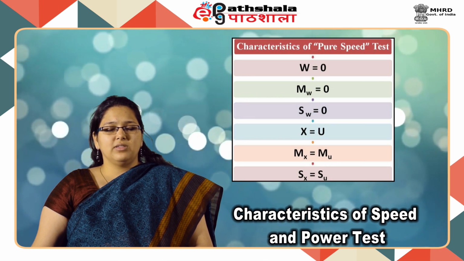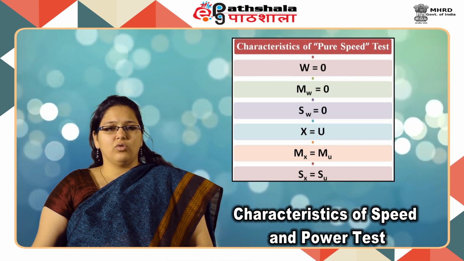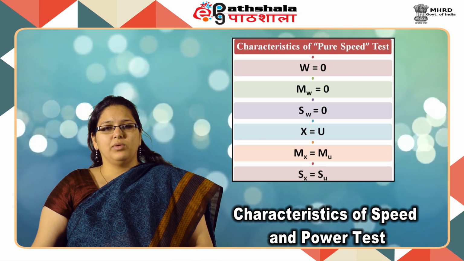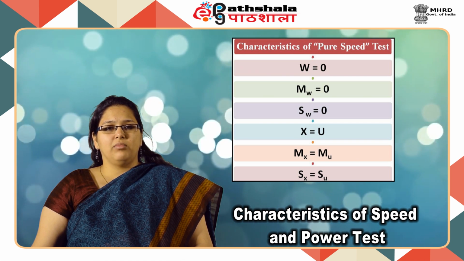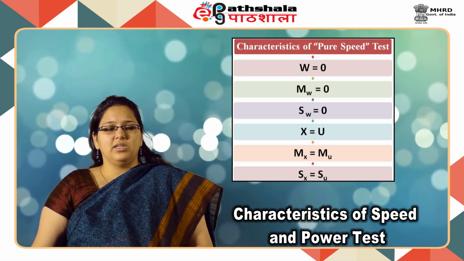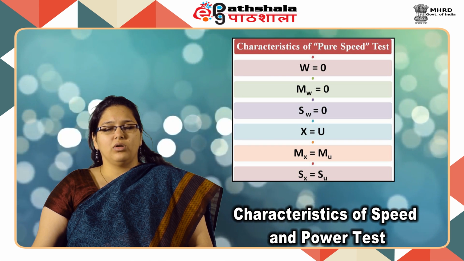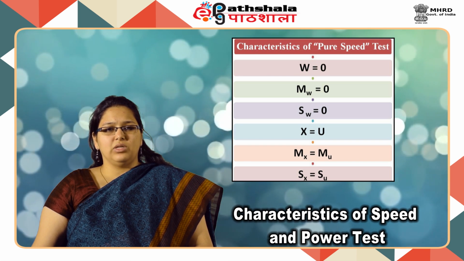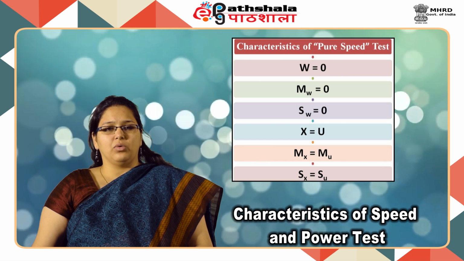Characteristics of pure speed test. In a pure speed test, since there are no wrong answers, W will be 0 and therefore mean and standard deviation of W will also be 0. Therefore, W is equal to 0, MW is equal to 0 and SW is also equal to 0.